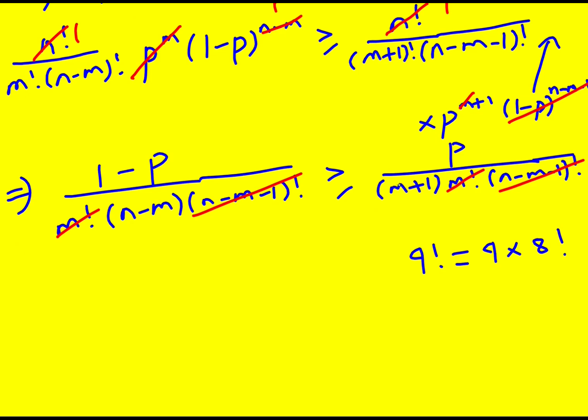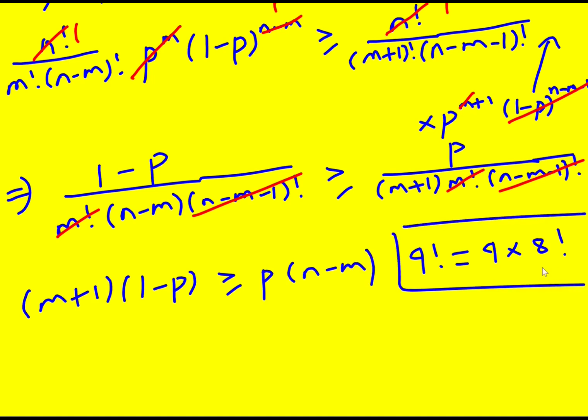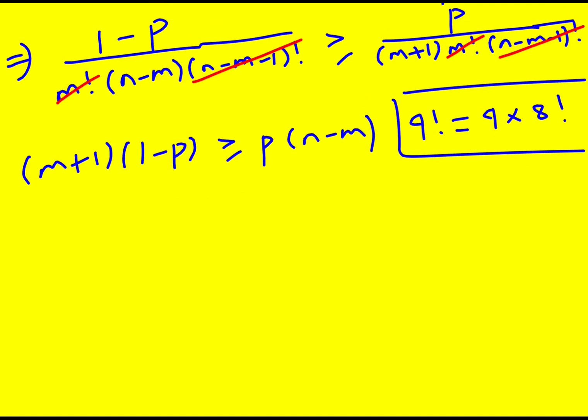This will be positive and this will be positive, so I can just cross multiply. I'm going to get (m plus 1) times (1 minus p) is greater or equal to p times (n minus m). Multiplying out these brackets will give m minus mp plus 1 minus p is greater or equal to pn minus pm.